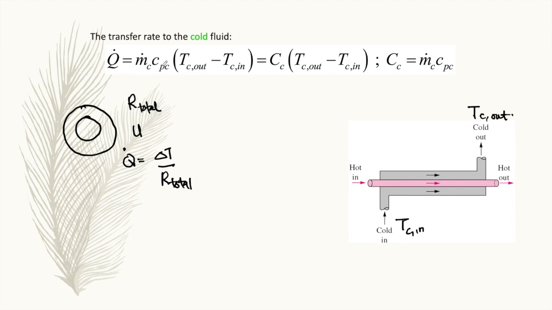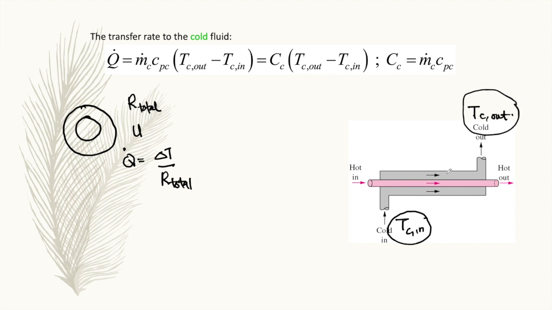So when it is multiplied with the change of temperature, you will know how much energy is being transferred to the cold fluid. Here we are only considering the increment of temperature from Tc in to Tc out.